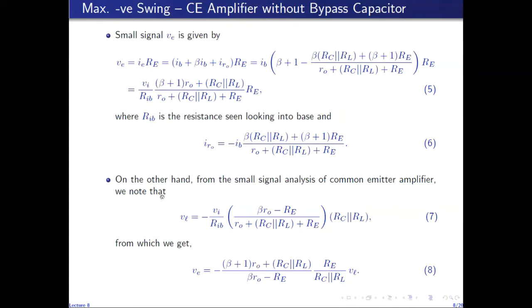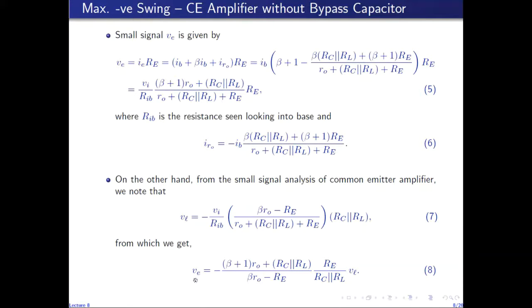Since we are dividing VE with VL, this numerator appears here as the numerator, and this numerator appears as the denominator. This factor appears in the denominator, and this factor appears in the numerator. So this is what we get as the small signal emitter voltage in terms of the load voltage.